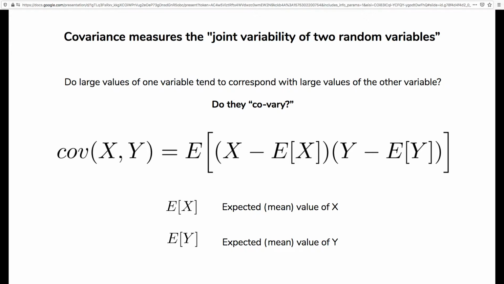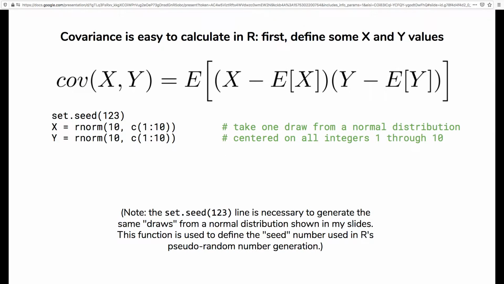When we're dealing with random variables, the expected value of a random variable for our purposes today is basically just going to be the mean of that variable. Mathematicians might quibble a little bit with that definition, but big E of x is just the mean of x for our purposes today. So this is how you calculate covariance. But I figured it would be useful to actually go through this in R and calculate covariance by hand for some toy variables, x and y, that we'll define.